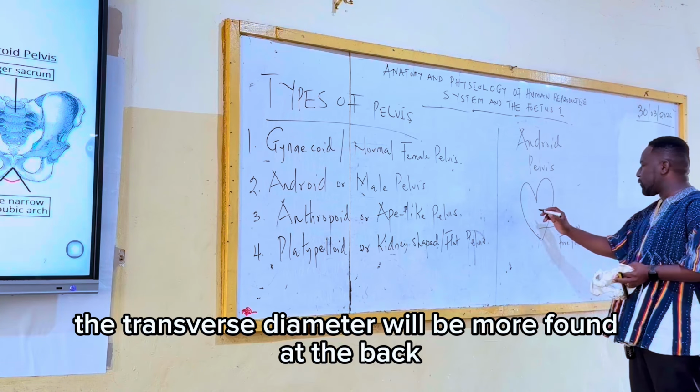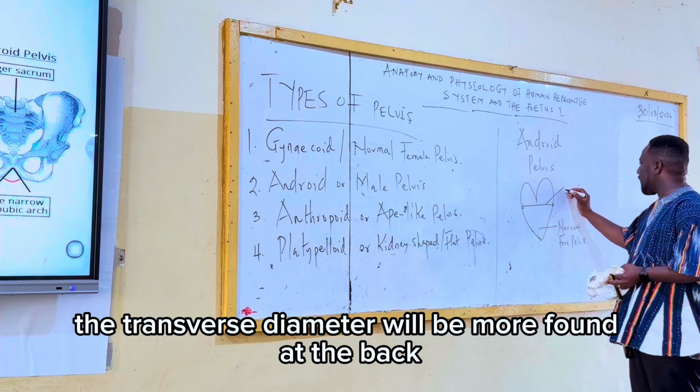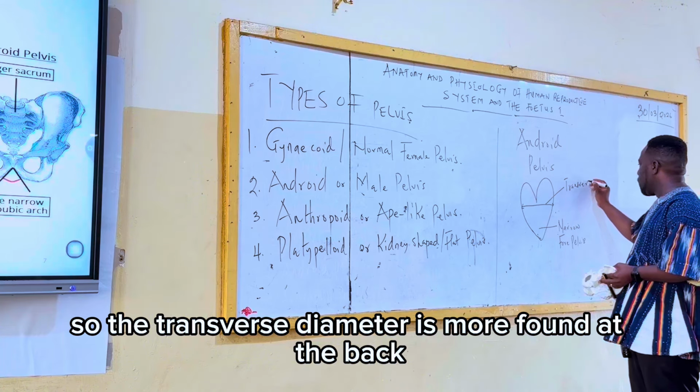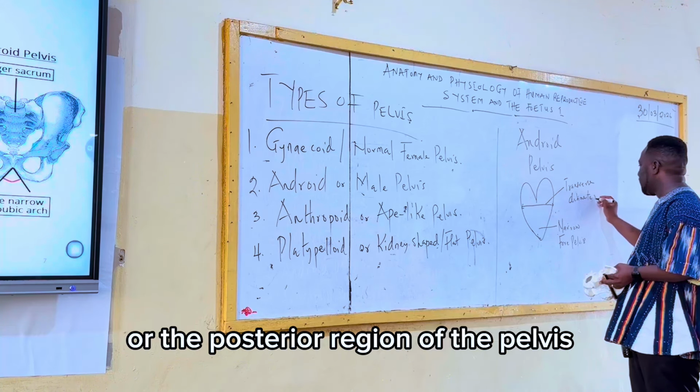And then in this case, the transverse diameter will be more found at the back. So the transverse diameter is more found at the back or the posterior region of the pelvis. So there's more room available at the posterior region of the android pelvis.